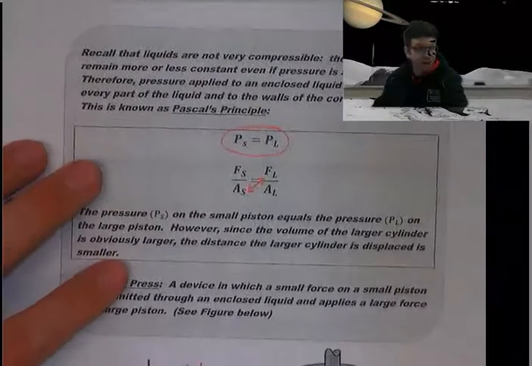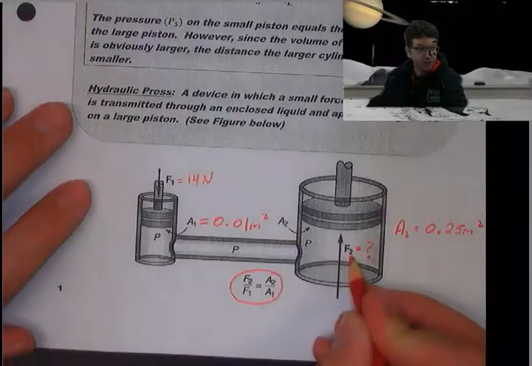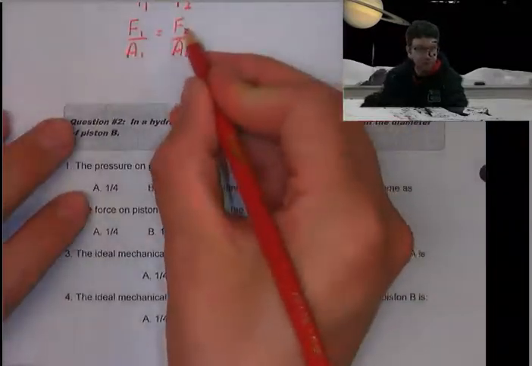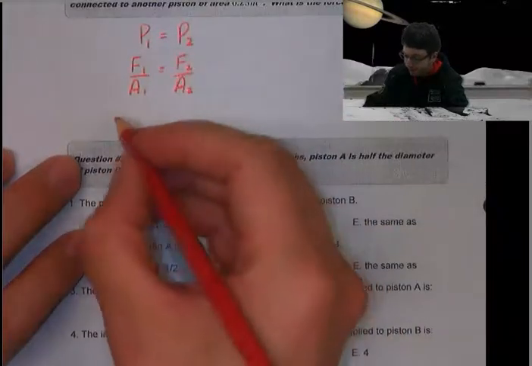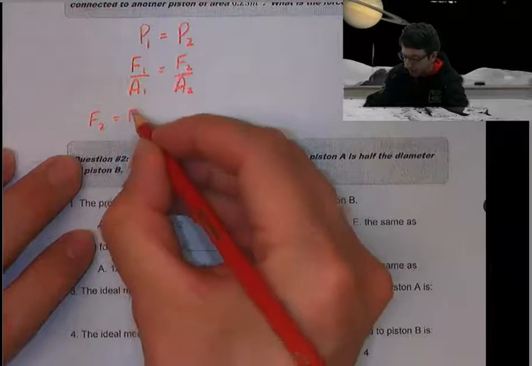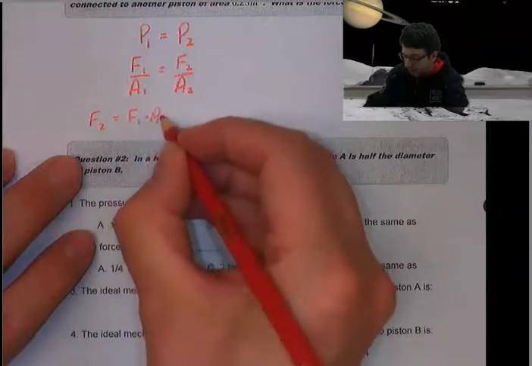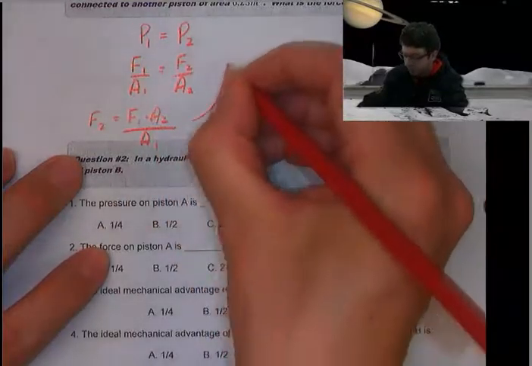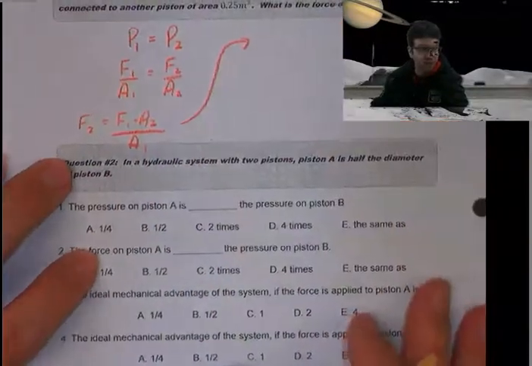Now we want to solve for F2 here, so let's rearrange for F2. If I multiply both sides by A2, I will get F2 equals F1 times A2 over A1. I'm running out of room, so I'm going to continue up here.